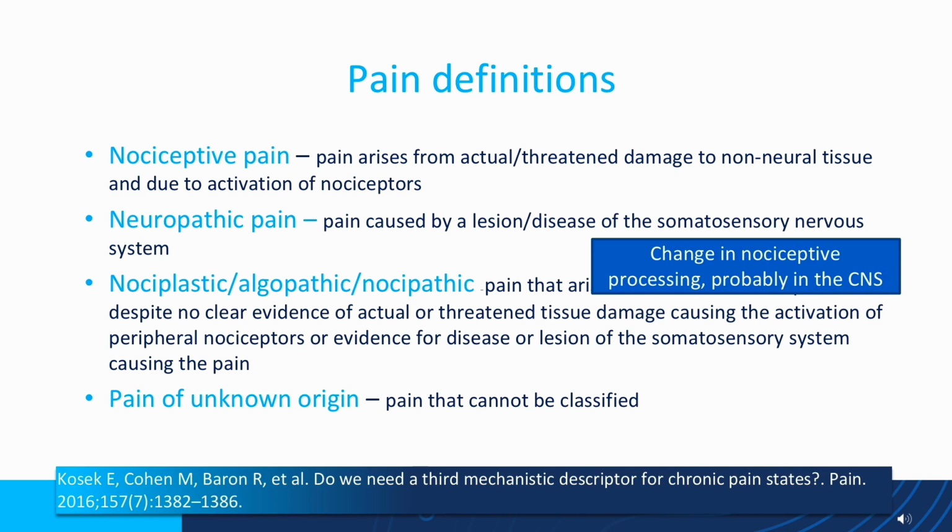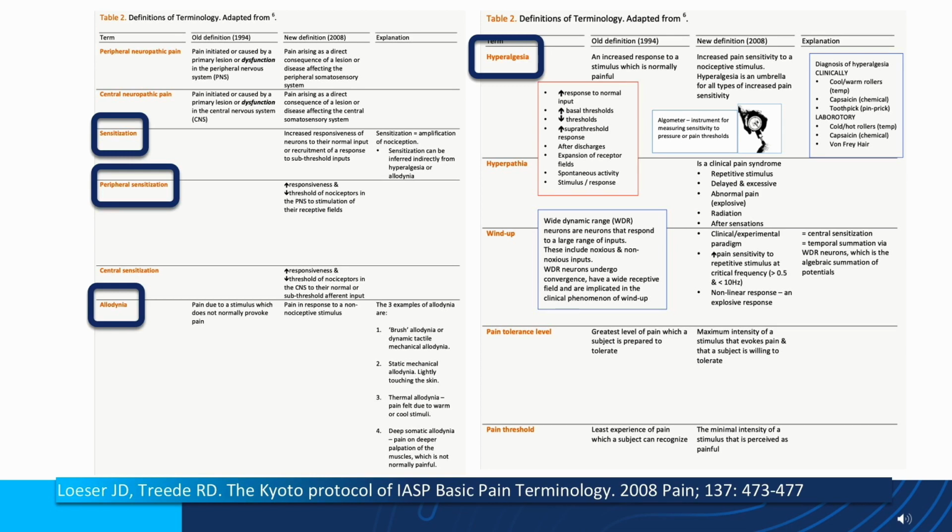So as I said, it's a change in nociceptive processing. That's what nociplastic pain is. And this is probably occurring in the central nervous system. Don't worry too much about the busy slide. I just wanted to bring your attention to a couple of points. Sensitization, very important when you're talking about pain. What does sensitization mean? Well, there's 2 points to sensitization.